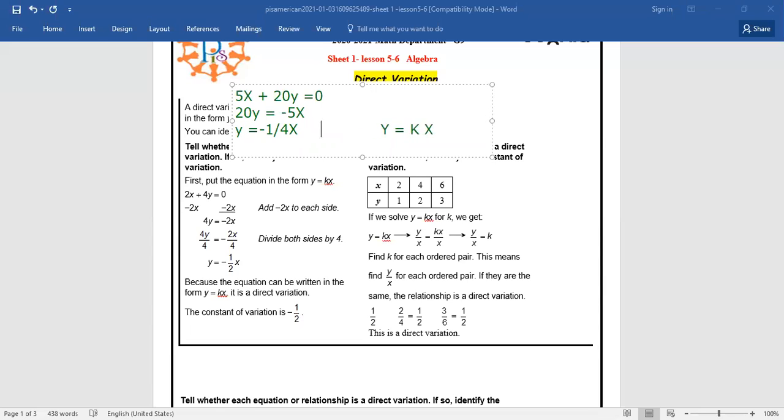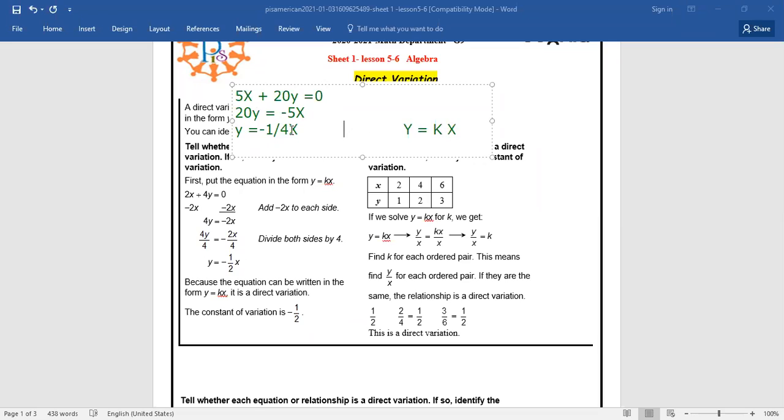Now, is this form written to follow the general formula or not? y equals negative quarter x, and the general form was y equals kx. Does this follow the general formula or not? Yes, okay.